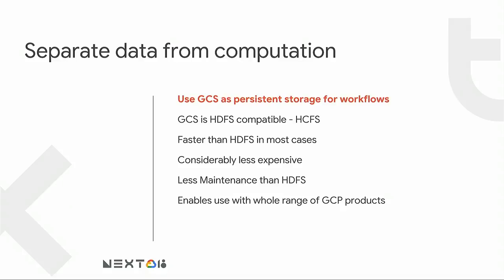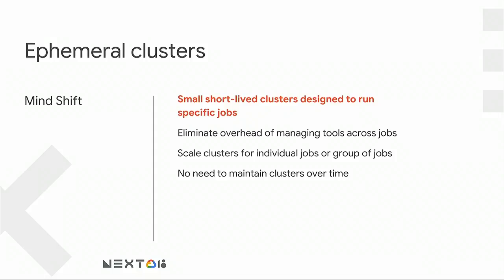Make sense? Let's talk about the second architectural principle, which I've already talked about 3 times, and I'm going to talk about 10 times more. Use ephemeral clusters. Now, if you have jobs sharing the same infrastructure, you have to do a setup before every job run. You have to make sure that the configuration for the cluster for that particular job run is set up right.